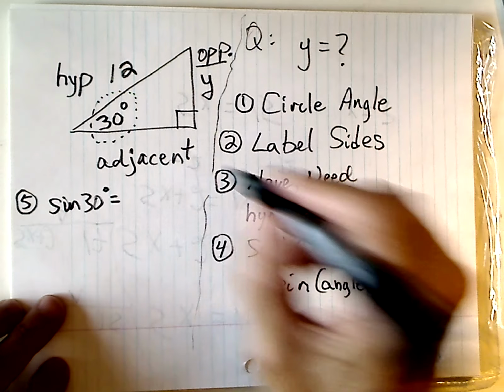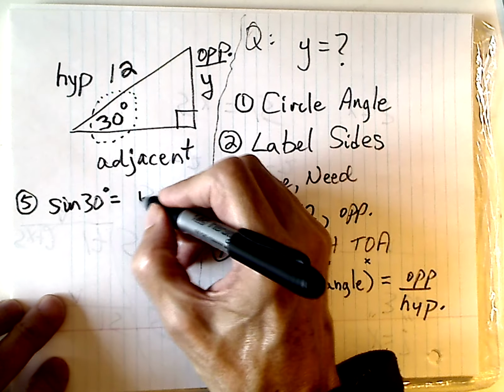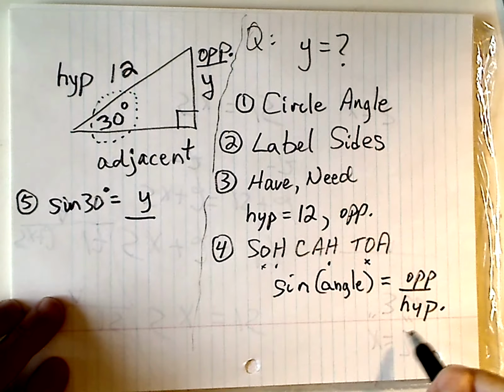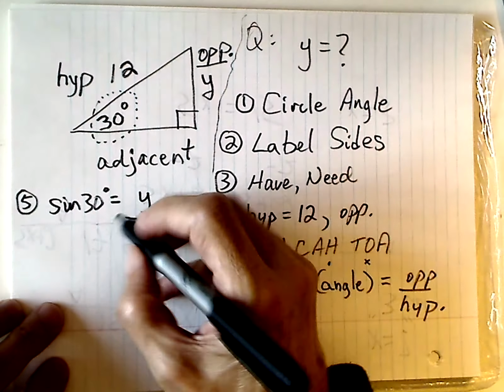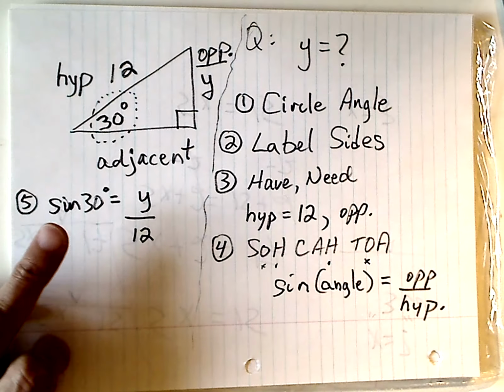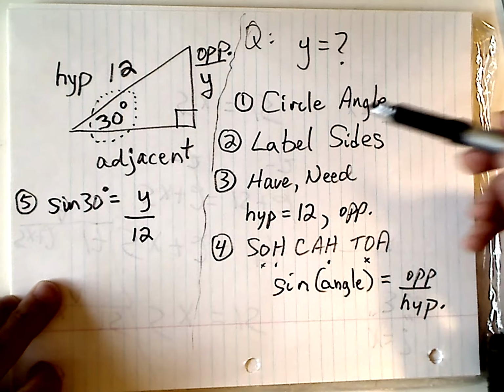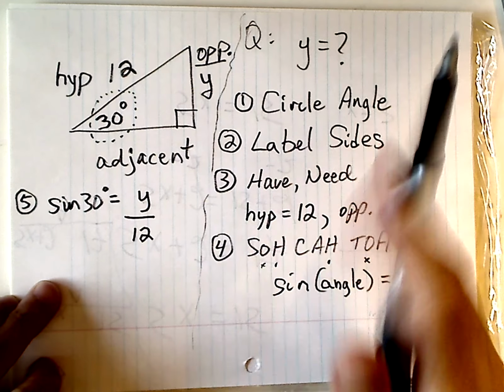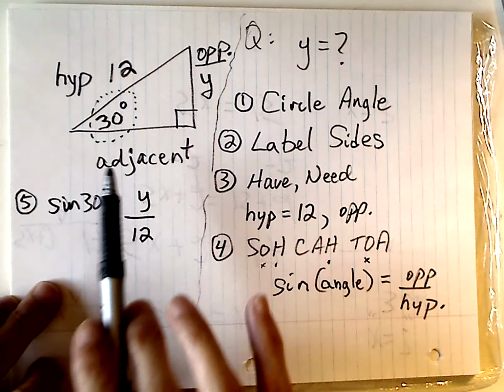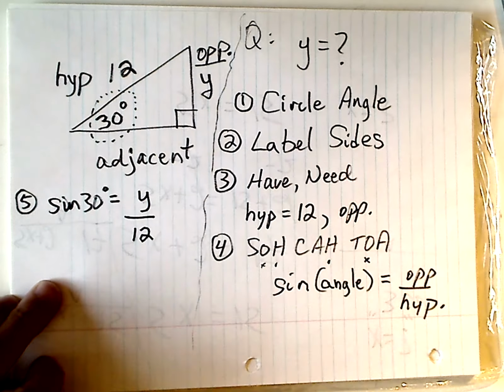So sine of 30, the opposite side, in this question it is y. And hypotenuse in this question is 12. And I'm saying in this question because really all of these steps can apply to any other triangle with numbers and variables and such.